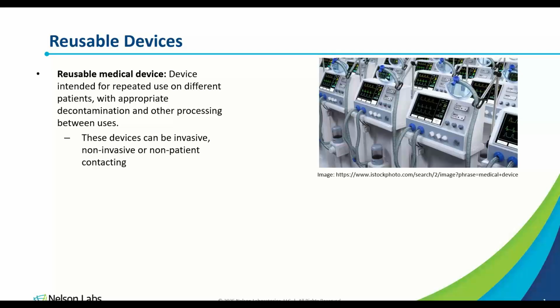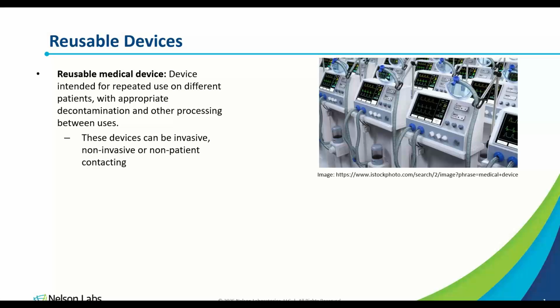So a reusable medical device is a device intended for repeated use on different patients with appropriate decontamination and other processing between uses. So these devices can range from invasive devices to non-invasive devices, and in some cases, non-patient contacting devices. So it's a pretty broad category.